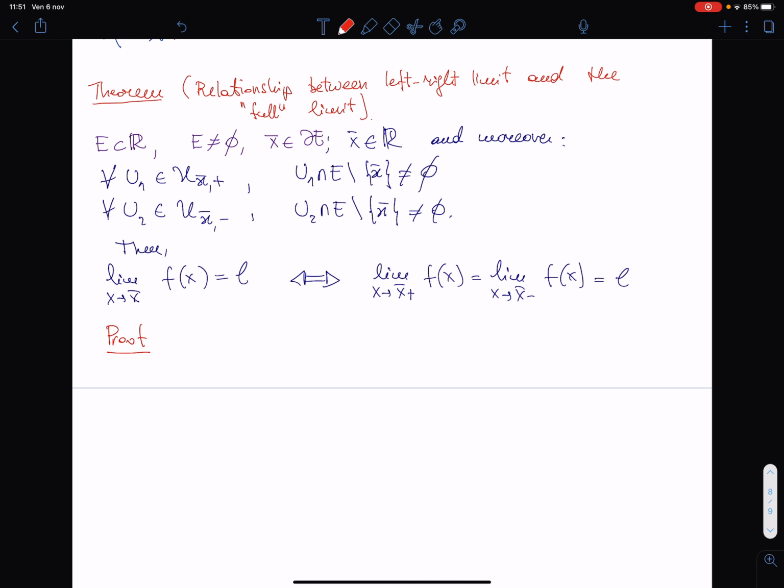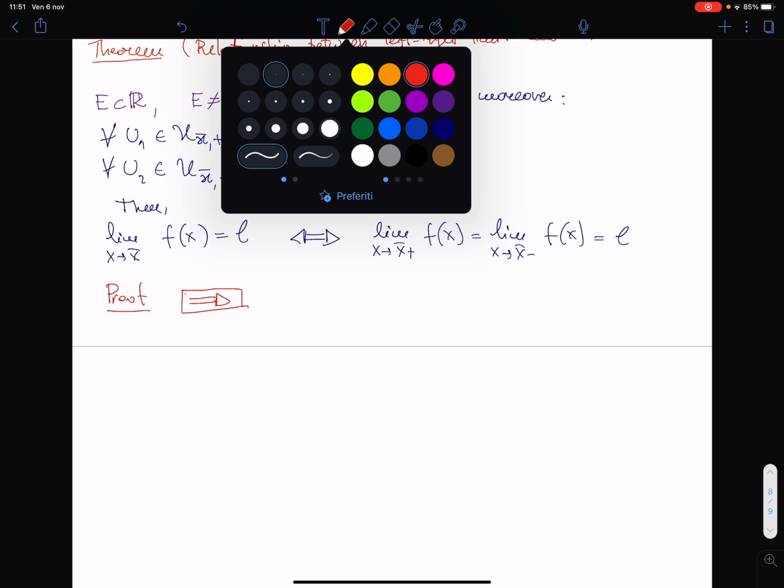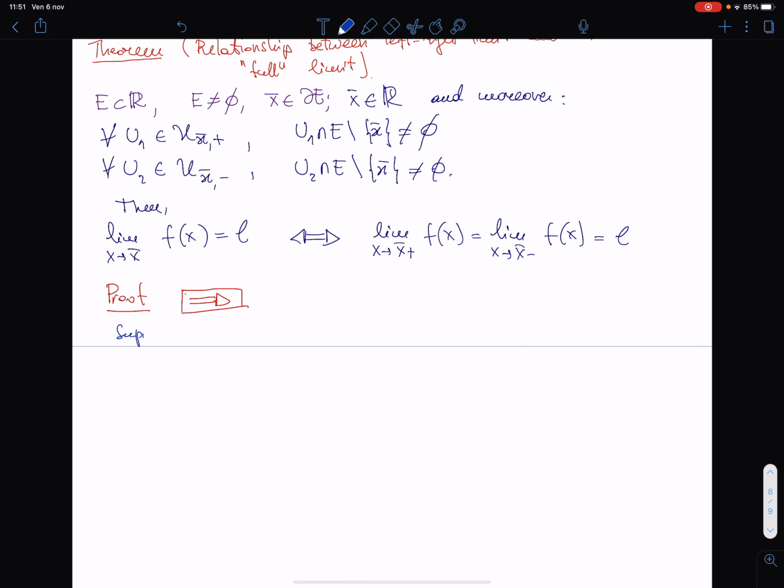And we start from the direct implication that says, let us suppose first that the limit for X going to X bar of F of X is equal to L. Then we want to prove that both, I specify it better.